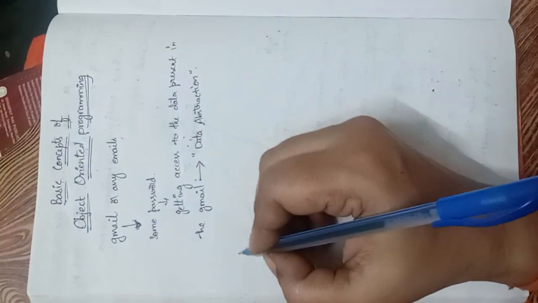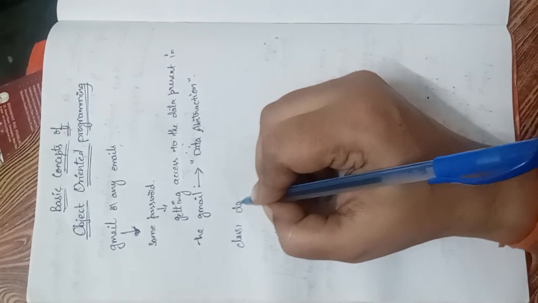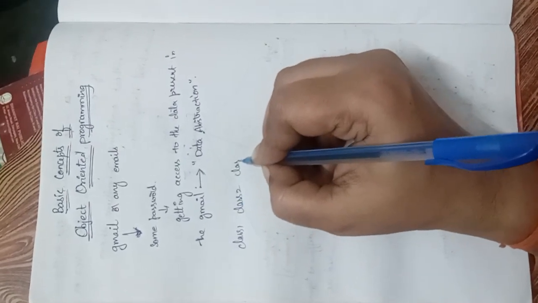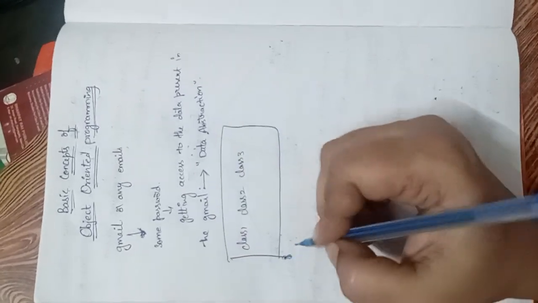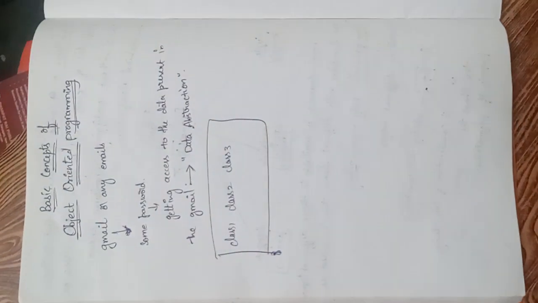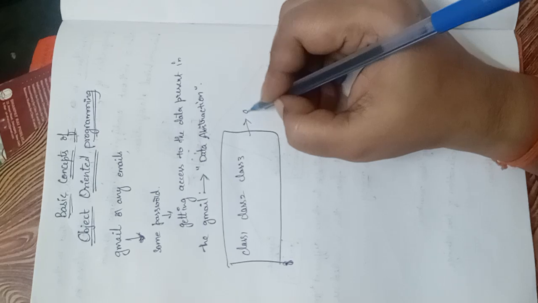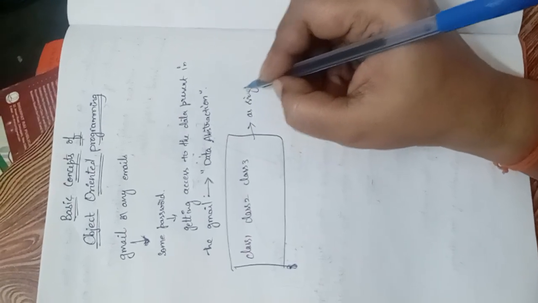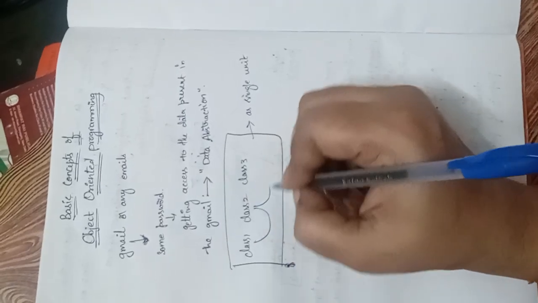So the classes, this is class 1, class 2, class 3, these are bound as a single unit.